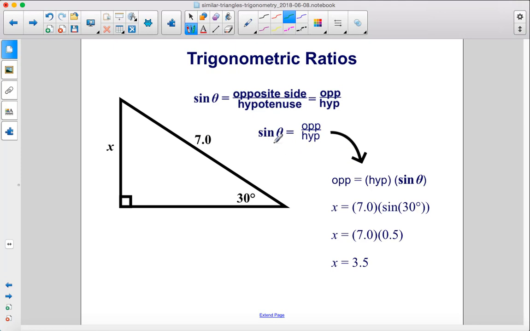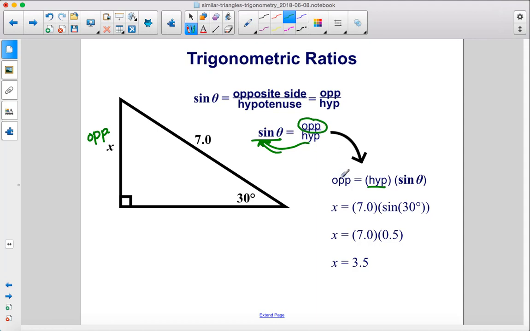Alright, since we know that sine theta equals opposite over hypotenuse, and we're looking for opposite, here x is the opposite side from the angle, so we solve this equation for opposite, which means that we multiply both sides by the hypotenuse, bringing the hypotenuse over to this side here, like that.